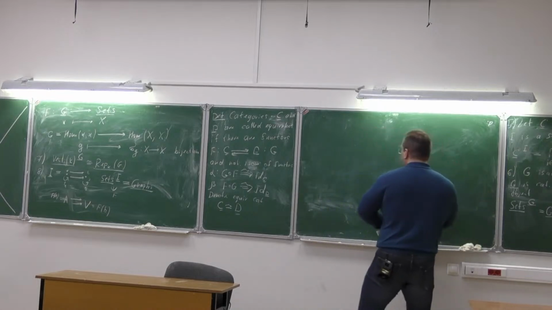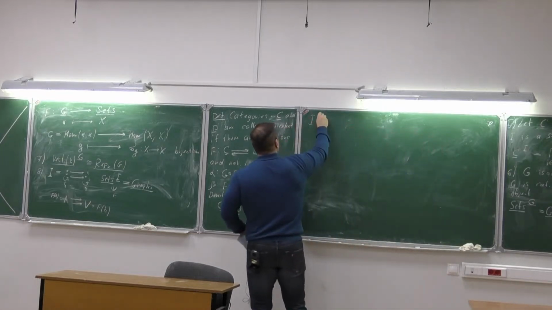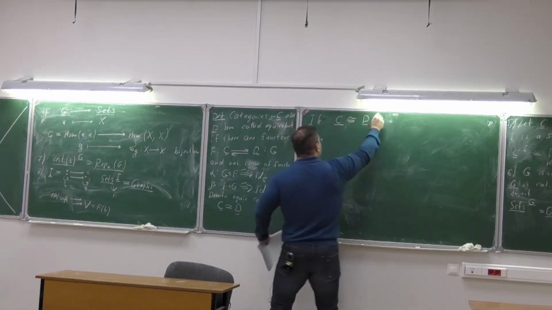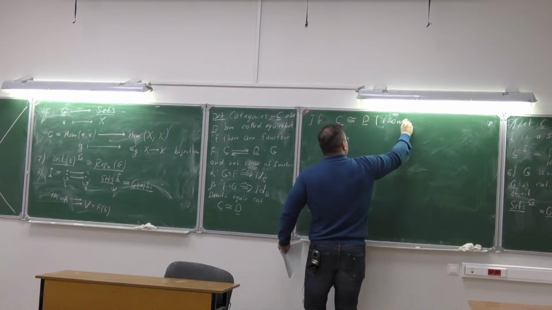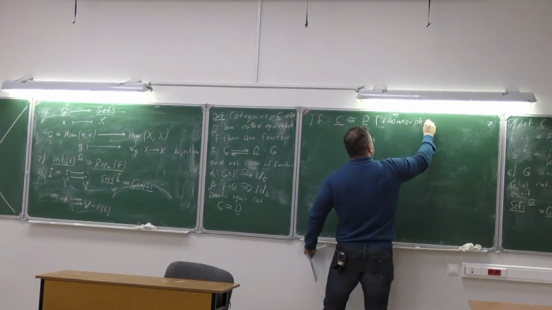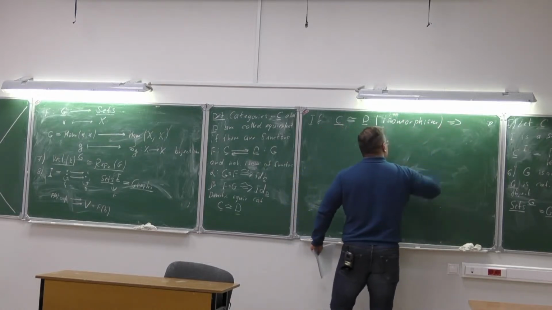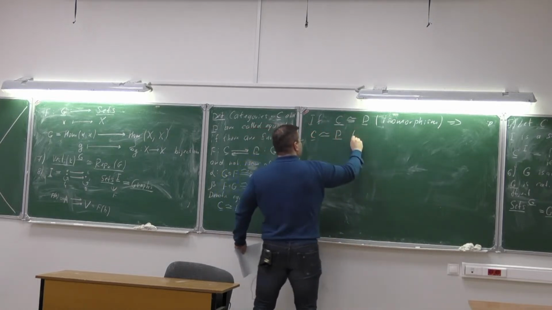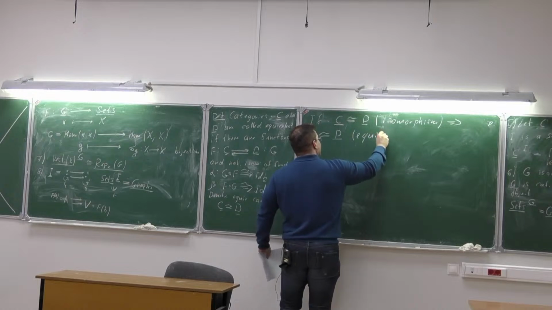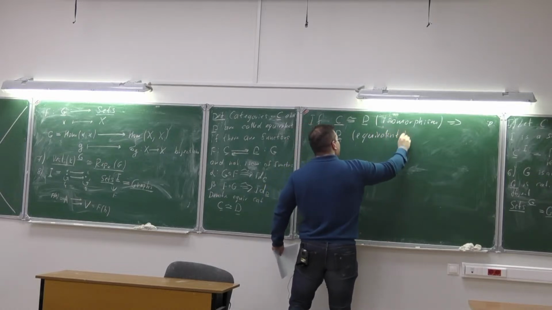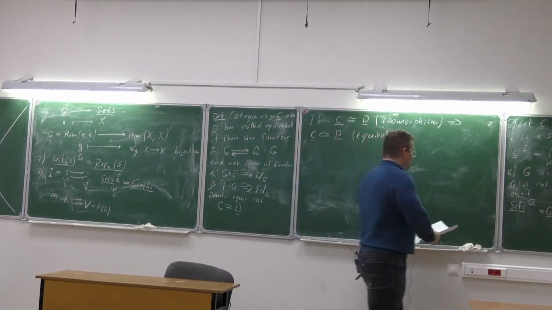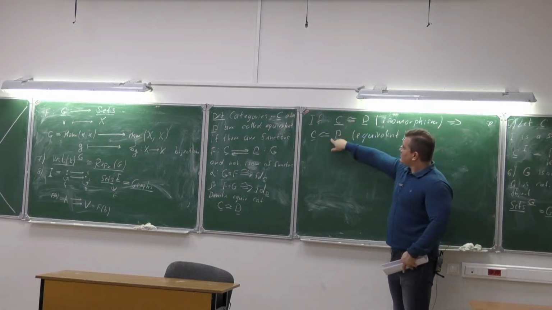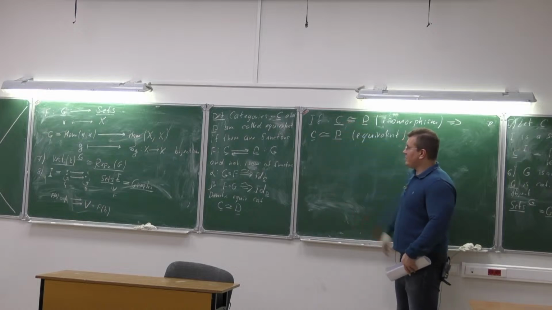So if the category C is isomorphic to the category D, then immediately this implies that the categories are equivalent. The reason why I'm writing this stupid sentence is so you can see the difference in the notation. This is for isomorphism and this is for equivalence.